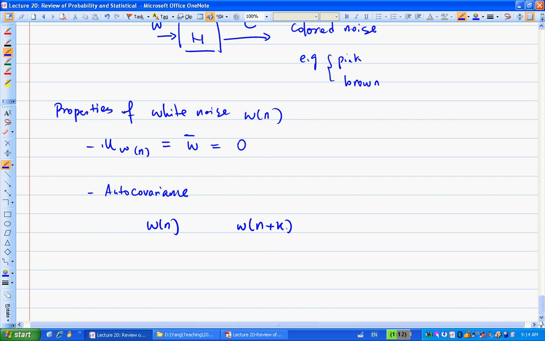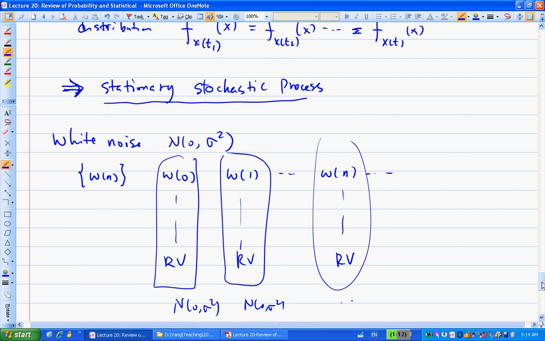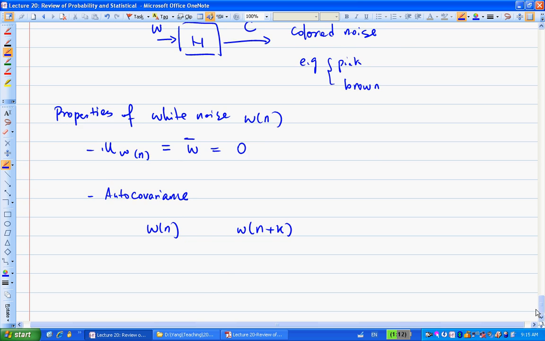Here's this instance 1, and then maybe W of 4. You look at this sequence and that sequence, and the difference between these two is k, 1 to 4, that's 3. Essentially, what's the covariance? How are they connected? What's the relationship between these two sequences?